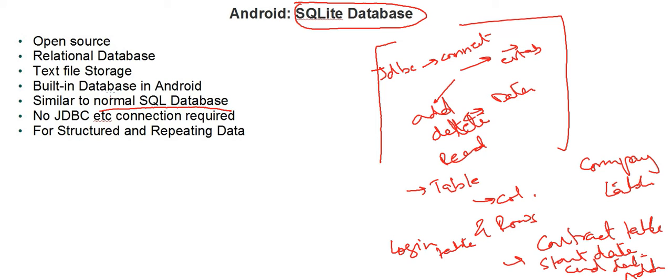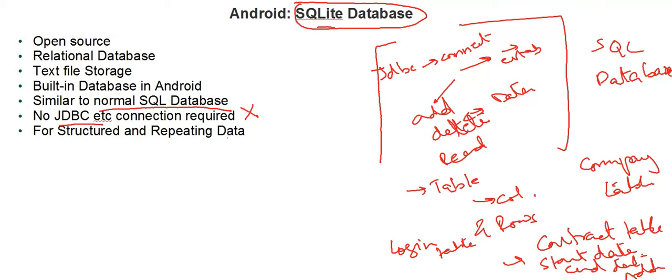So, what is the difference of the SQLite database with the normal SQL database? The difference is that in the case of an SQLite database, you do not require to make these JDBC etc. connections. They are not required.